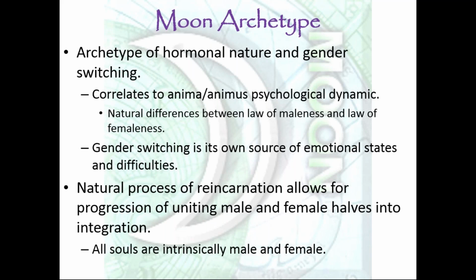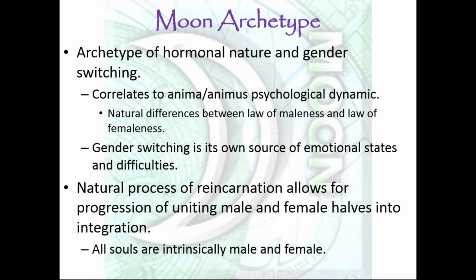There are natural differences between being male and female, between the law of maleness and the law of femaleness. It's as simple as that: male energy is the active polarity energy moving out from the center. The female energy is the passive polarity energy returning to the center.